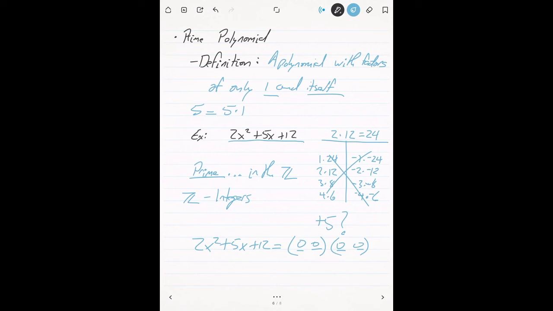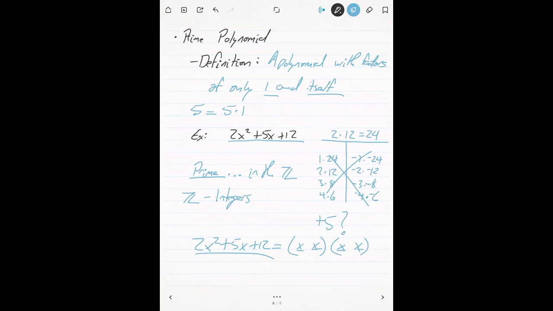Okay? I can't factor it down that way with integer values. There are no pairs of integers that I could plug in for these spots to make two binomials that get me this. It does not work with integers.